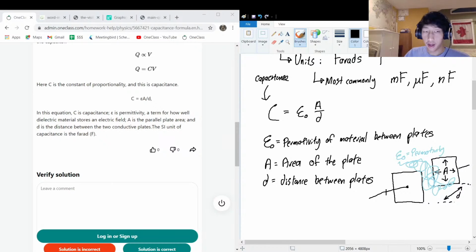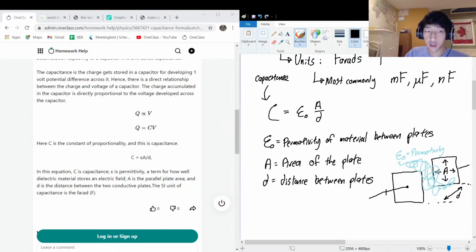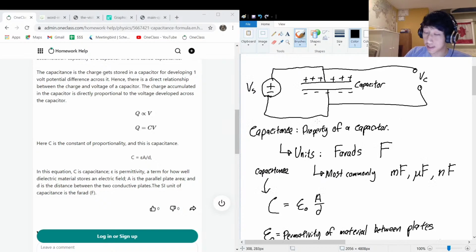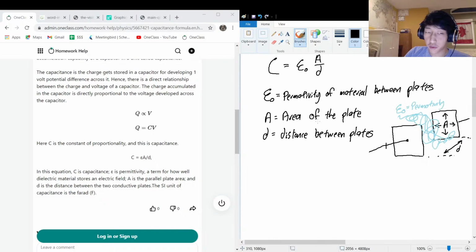Another equation that we can use to look into the capacitor, one of the important capacitor values, is that the amount of voltage across the capacitor is proportional to the amount of charge that accumulates on the capacitor. They're related through the equation Q equals CV.